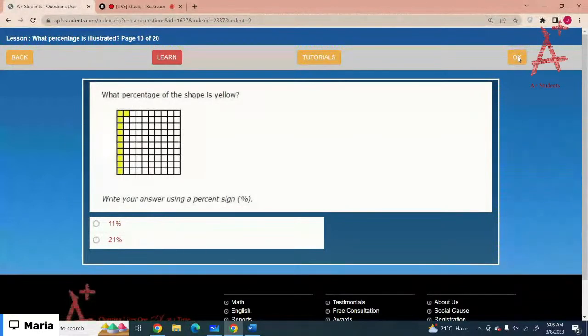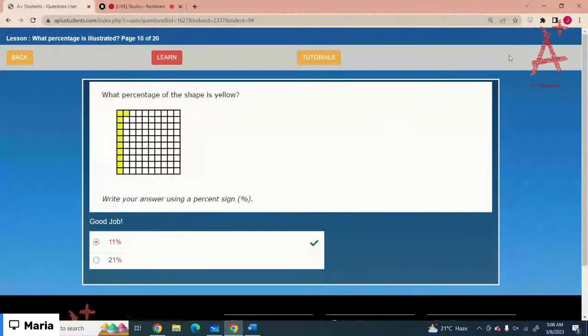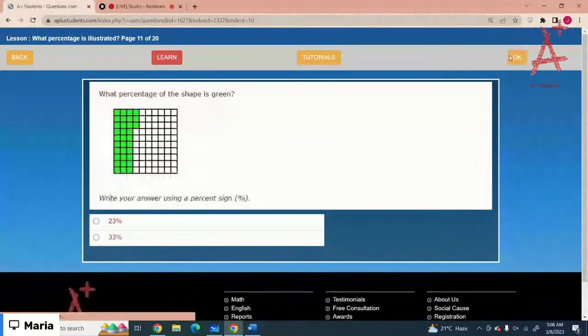What percentage of the shape is yellow? So which is the correct option? 11%, 21%? Very good. 11%. What percentage of the shape is green? 23% or 33%?